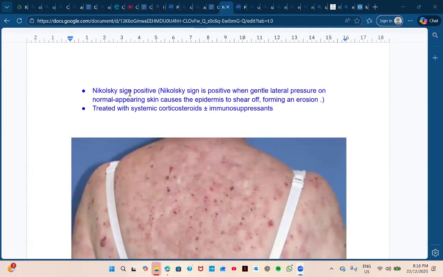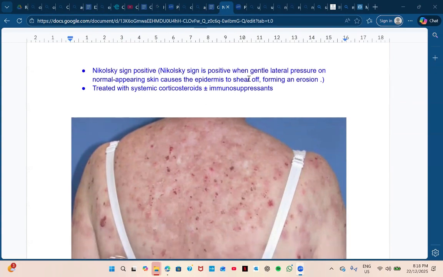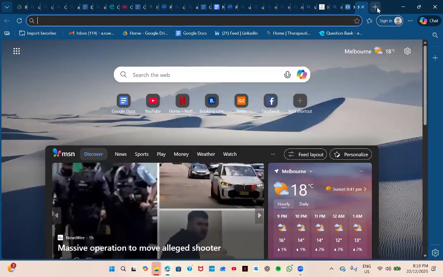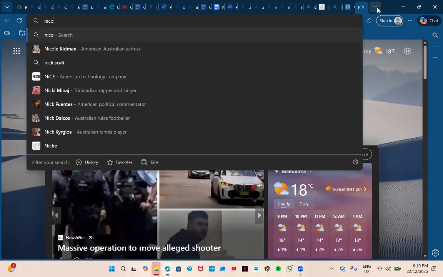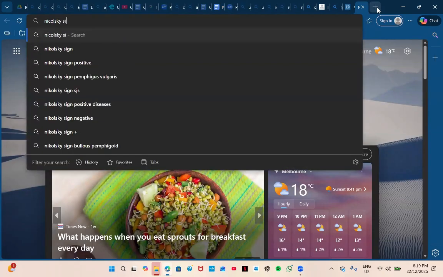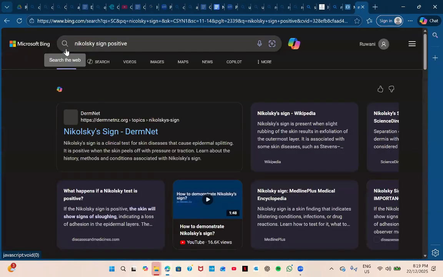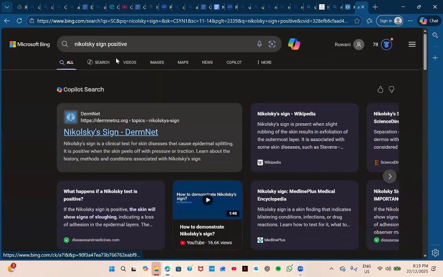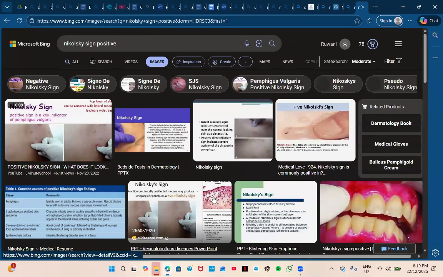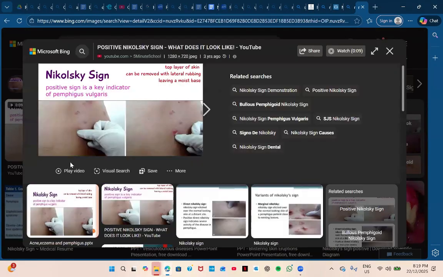So what is a Nikolsky sign? It means that gentle lateral pressure on normal-appearing skin can cause the epidermis to shear off. I'll show the Nikolsky sign.